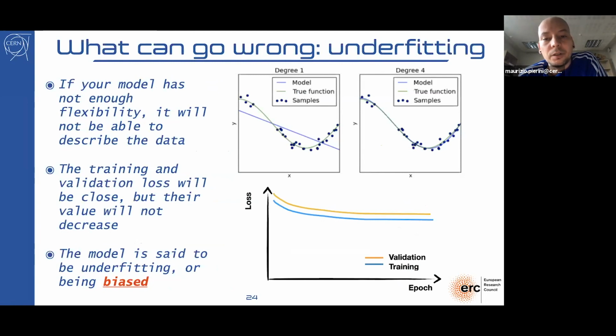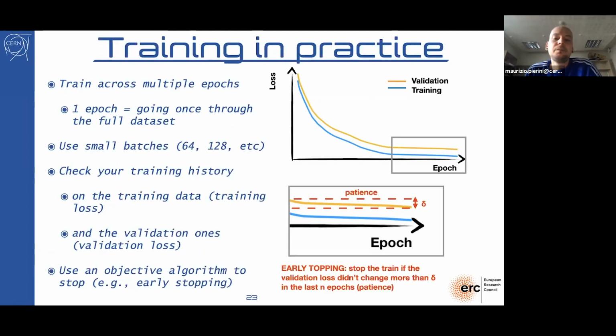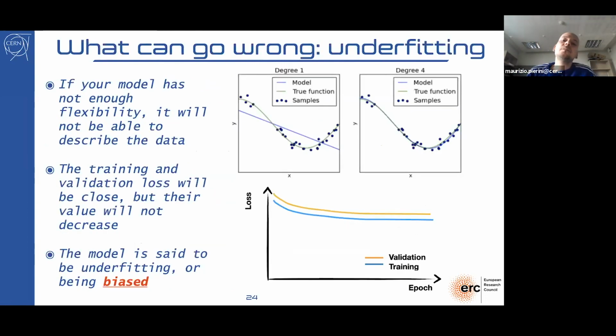Now, what can go wrong? Many things can go wrong, but they typically tend to go wrong in two directions. In one case, you basically were too strict in your parameter setting, and then you end up having a model which is not complex enough to catch the solution to your problem.